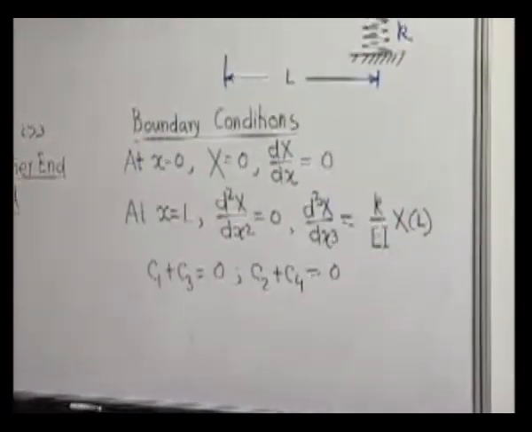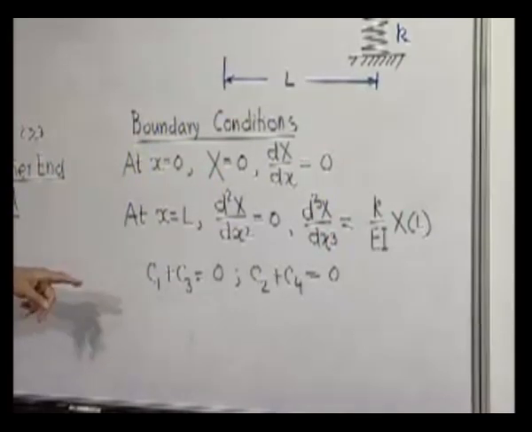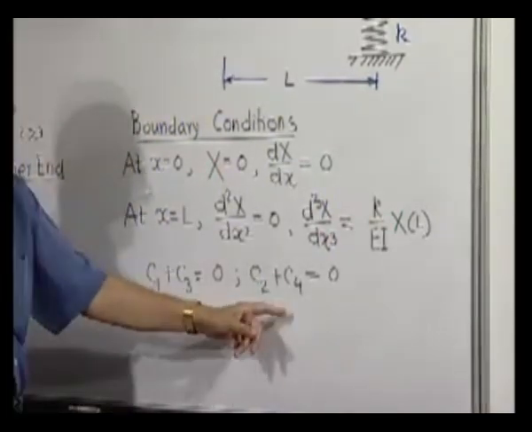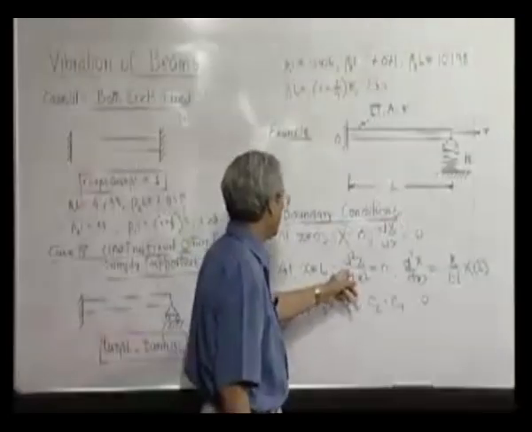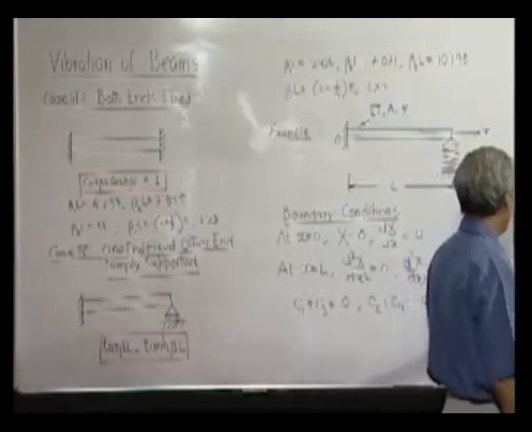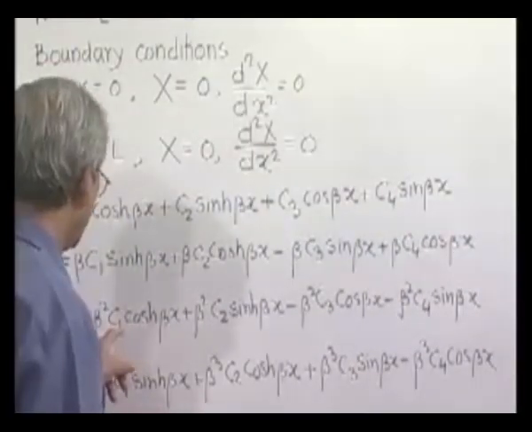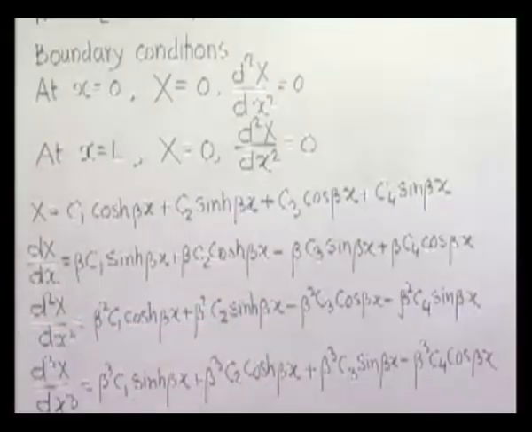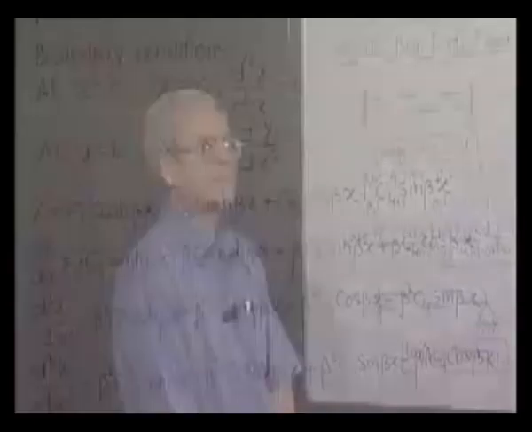Just like the previous case, we can express C3 as minus C1, C4 as minus C2, and then d2x by dx square and d3x by dx cube can be expressed in terms of only C1 and C2. If we do that, we will get a somewhat complicated equation.